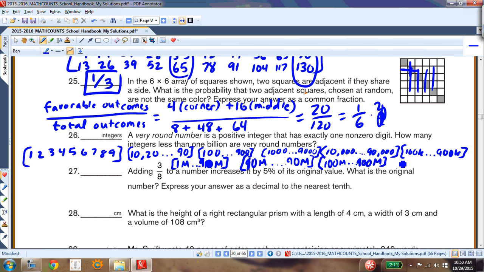And then the next set would be starting at 1 billion. But since I'm looking for integers less than 1 billion, I'm not counting this at all. So I have 9 sets of 9 integers. That's going to be 9 times 9, or 81 is the right answer.